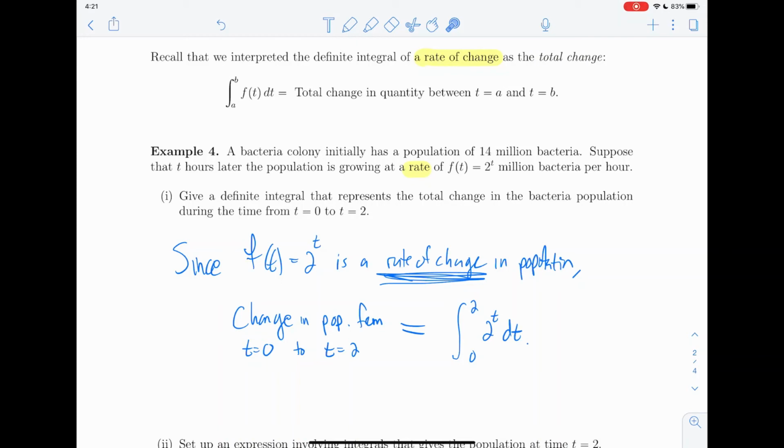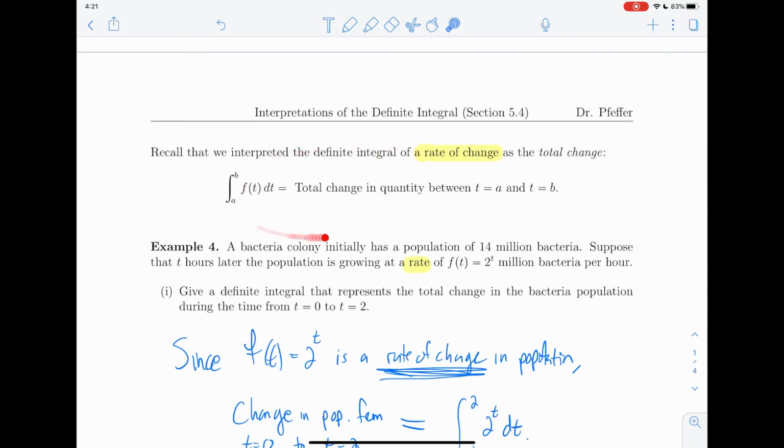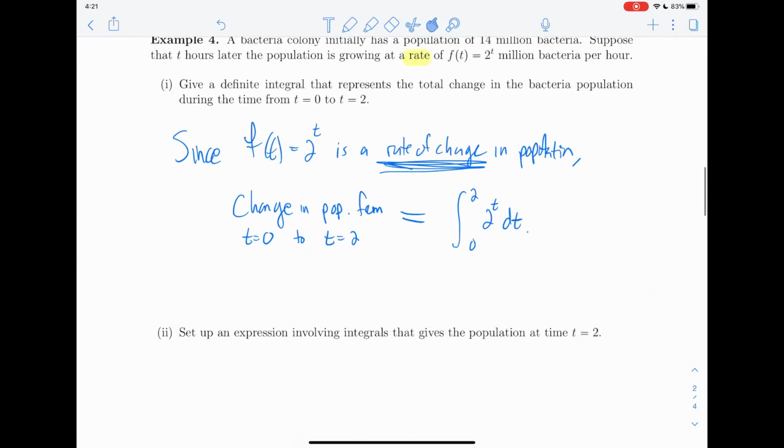That said, a question we might ask as a follow-up to this one is, okay, well, set up an expression involving integrals that in particular doesn't necessarily give the change in population, but gives the actual population at time t equals 2. This is where interpreting total change as a sort of fundamental theorem of calculus turns out to be super important, because the total change in population is actually just going to be the population at 2 hours in minus the population at 0 hours in.